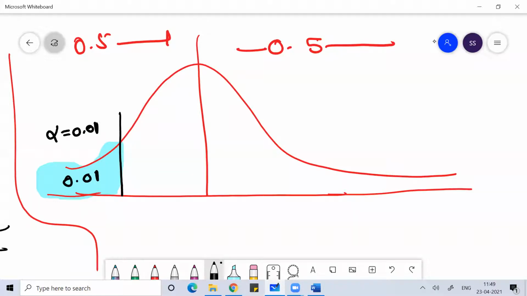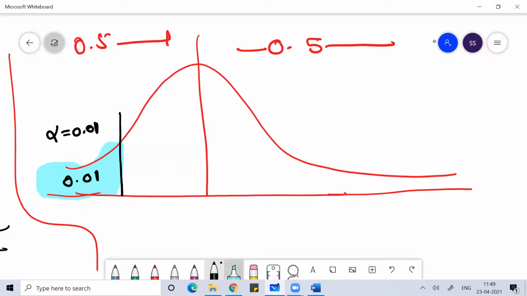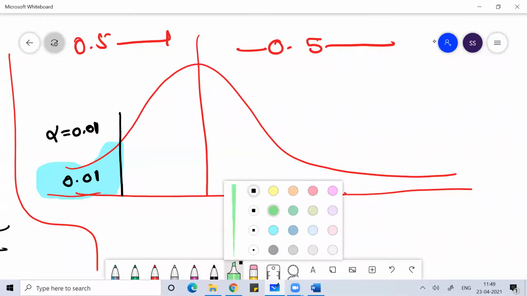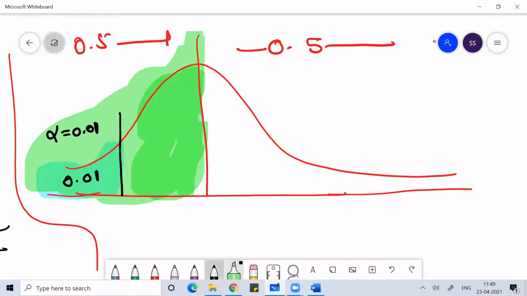Now you know that 50% lies on the left-hand side, so this region is 0.5. 0.01 is already in this part, so how much is your acceptance region? 0.49. Simple, guys. So this is 0.49.